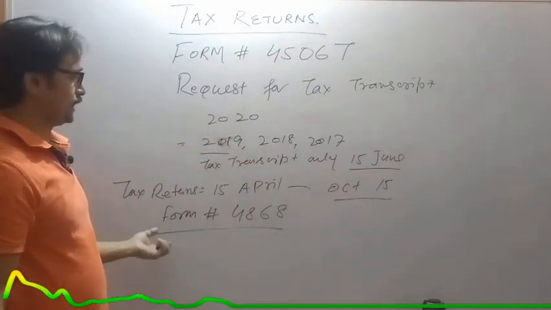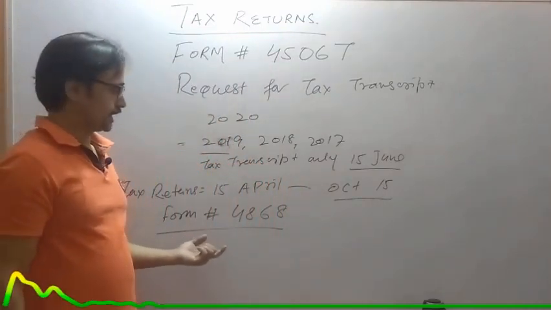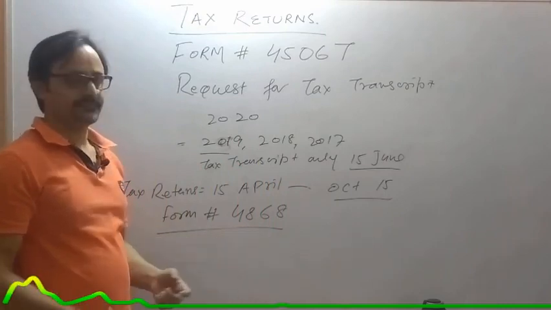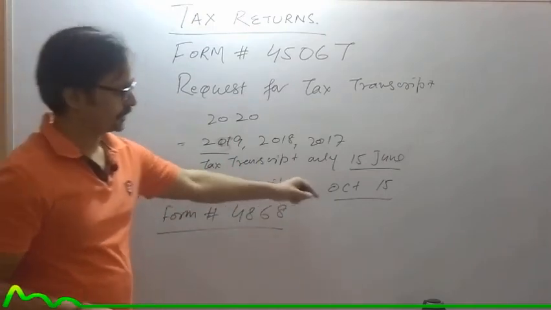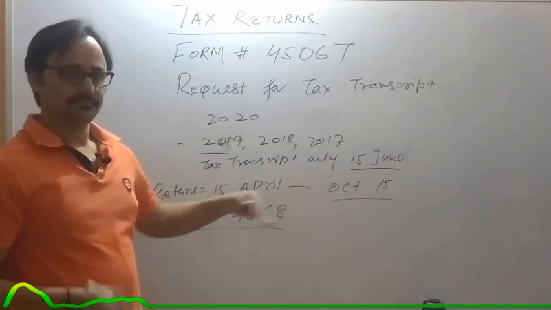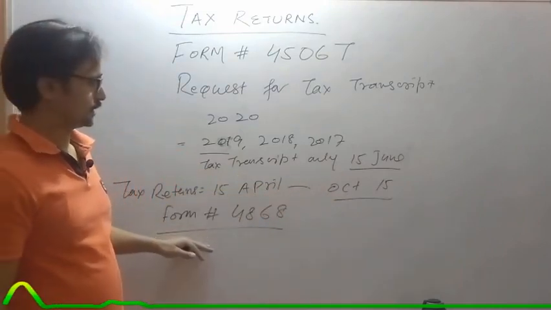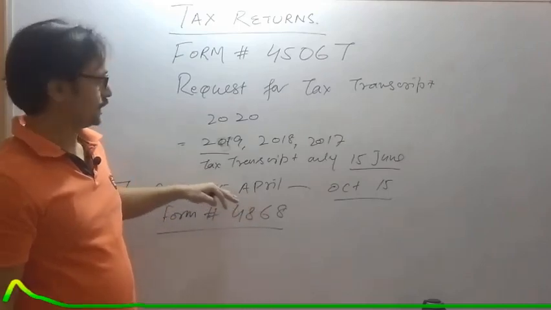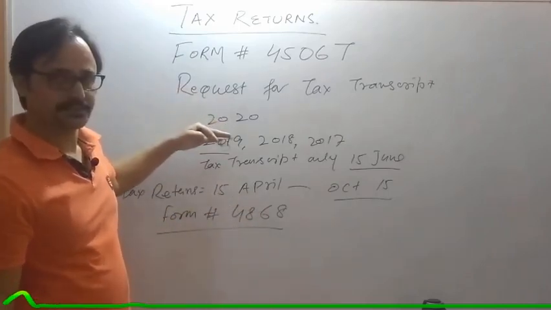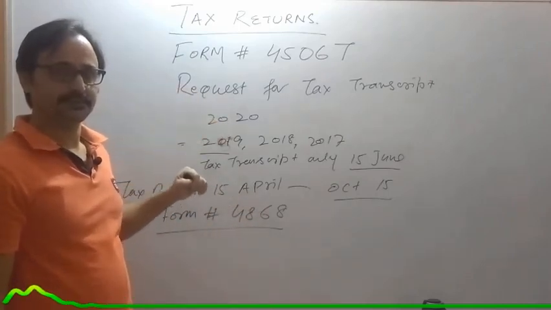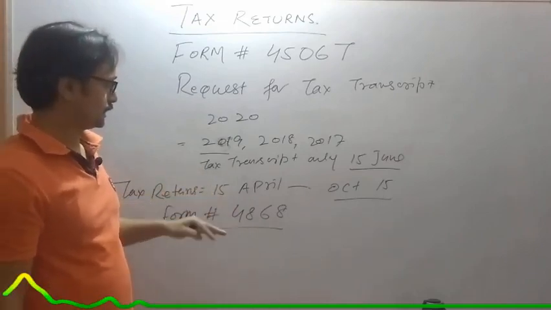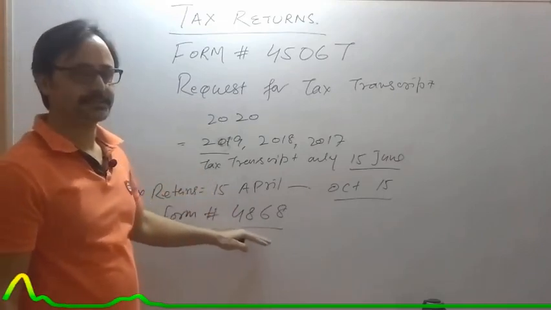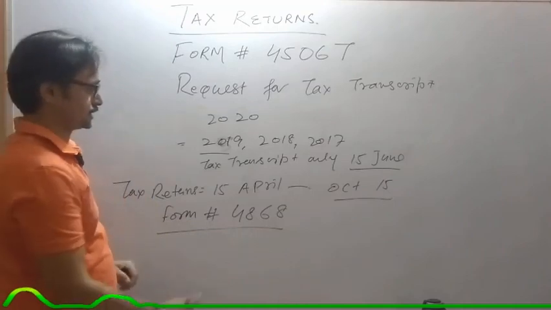Let's say it's again common for October. So anyone who is giving us a 4868 form means they have filed the extension. But after 15th October we always need the tax return. After 15th April, we need the tax return for the most recent year. If someone hasn't filed that, then they need to provide us the 4868 form, that is the tax extension.